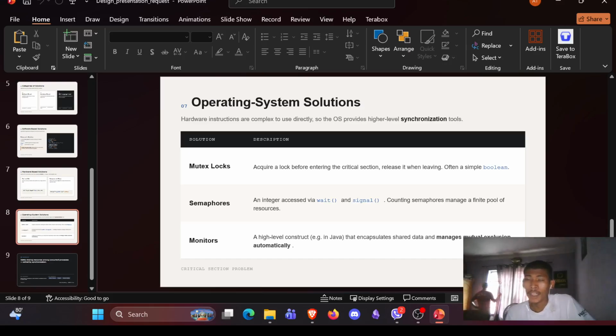Binary semaphores work like a mutex, while counting semaphores manage a pool of resources. And the third one, monitors. A monitor is a high-level construct, as in Java, that automatically enforces mutual exclusion. The programmer doesn't manage locking at all.